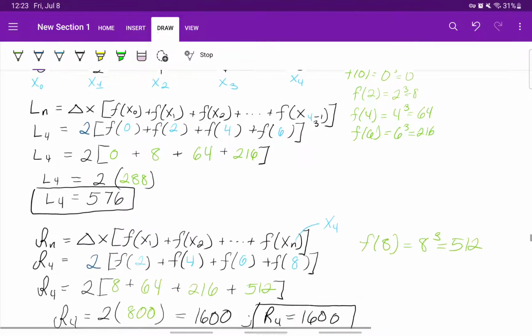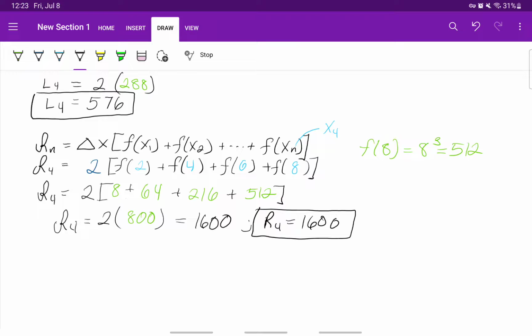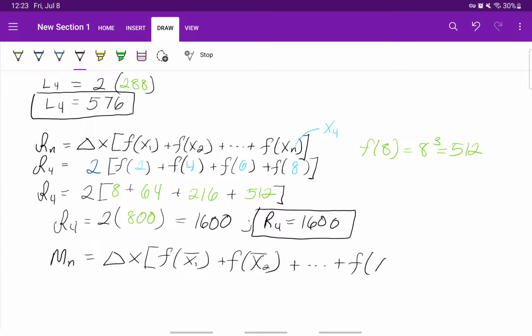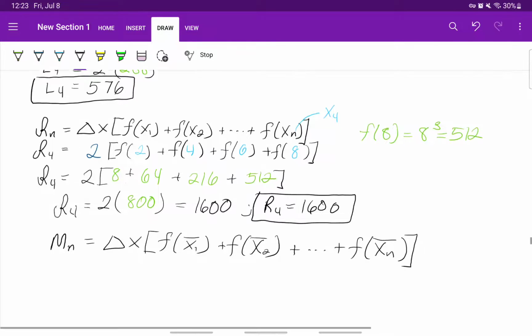When it comes to the midpoint approximation, M is equal to delta x times, in brackets, f of x bar 1 plus f of x bar 2 plus, dot, dot, dot, plus f of x bar n. And n is 4 in this case.